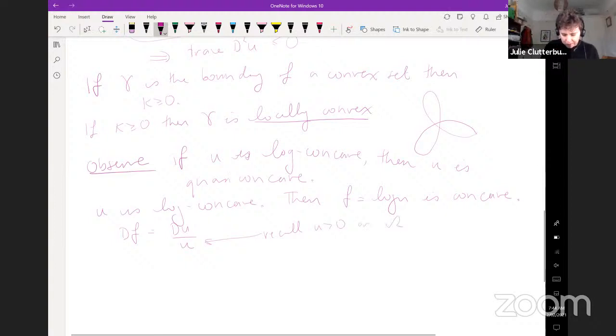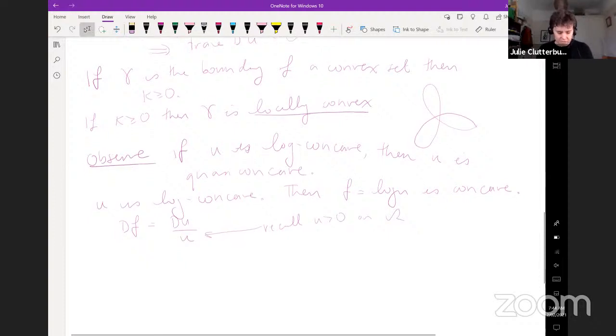So this is okay. And in fact, for solutions to these elliptic equations, we can show that this is well defined up to the boundary, and on the boundary it becomes unbounded.